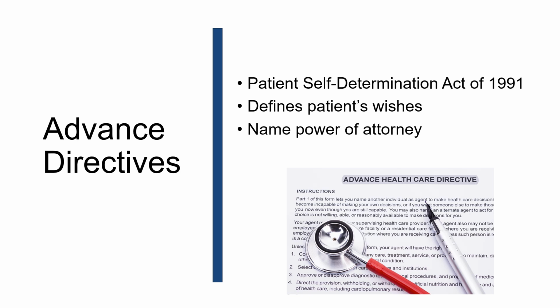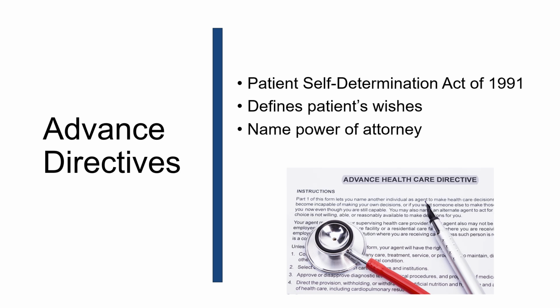So now we try and have that patient, while they are still competent to be able to make that decision, tell us before something happens so that we can follow the patient's wishes. So a couple situations where this would be used would be during surgery when the patient is under anesthesia and something happens and a decision needs to be made. They can tell you beforehand what they want to be done.